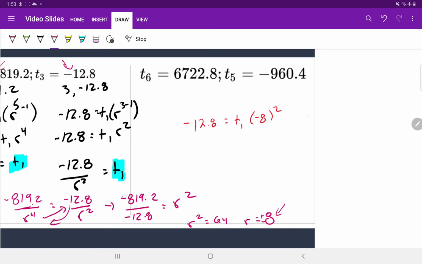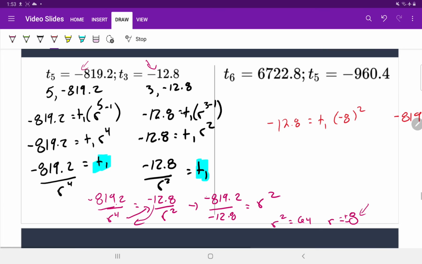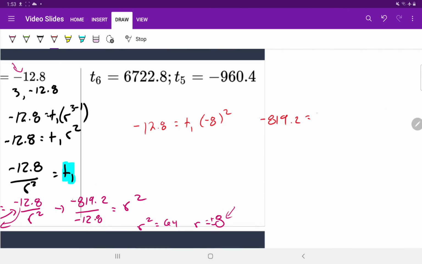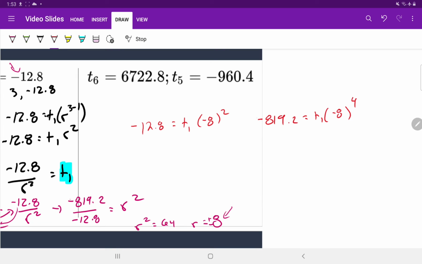Does that give me the same thing as negative 819.2 is equal to T1 times negative 8 to the 4th power? Okay, so this is going to be negative 12.8 over 64, and this will be negative 819.2 over, that's going to be a big number, 8 raised to the 4th. It's going to be 4096.